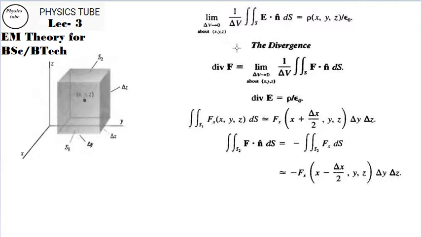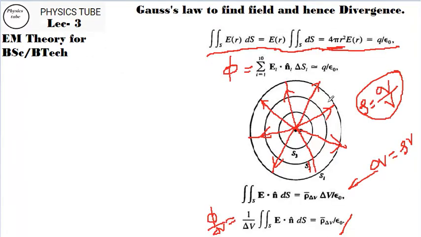Now see here, if I give a limit, as usual in my previous mathematical tool classes, I already talked in detail about how we convert summation to integration. Yes, we are giving a limit to this, and this is the integration sign here. Of course, I give the limit of del v tends to 0, meaning the volume is becoming the difference of the volume. In other words, if I go to the previous page, see the volume, this is one volume, next volume is this, next volume is this.